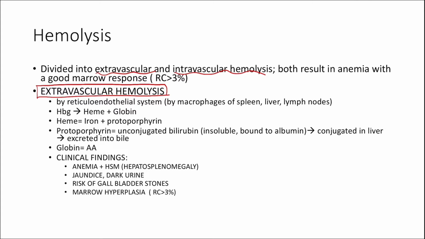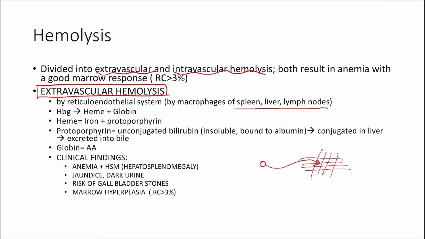So extravascular hemolysis is basically when the RBC is flowing through the blood and then reaches the reticuloendothelial system, or the spleen, liver, and lymph nodes. We know that the reticuloendothelial system is basically just a meshwork, and the red blood cell will go through that meshwork and be broken down.